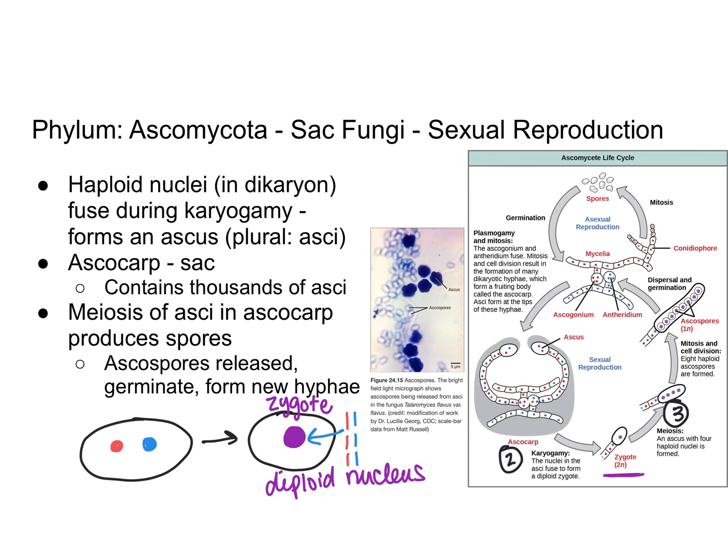So this one cell here, the zygote, turns into 4 haploid nuclei and ultimately forms 8 haploid ascospores through mitosis. The ascus then releases the ascospores into the environment, where they will hopefully land in a favorable location where they can germinate and start going through mitosis in order to form a new mycelium.